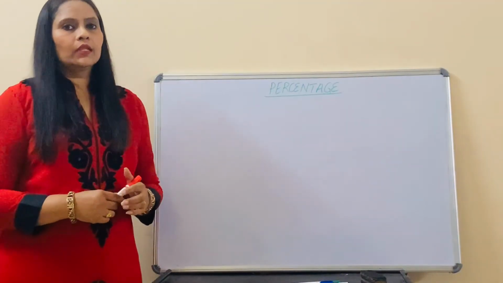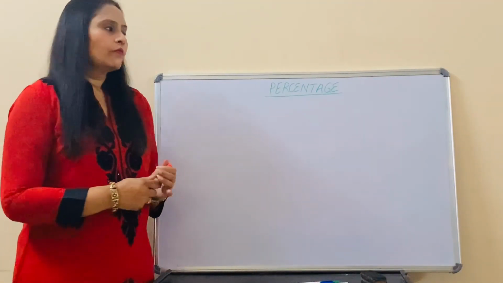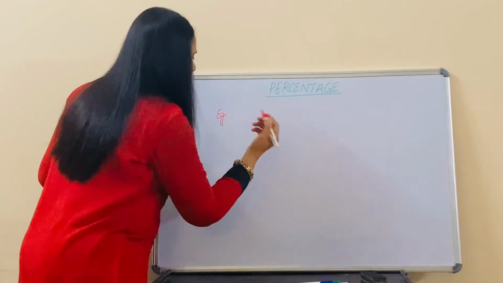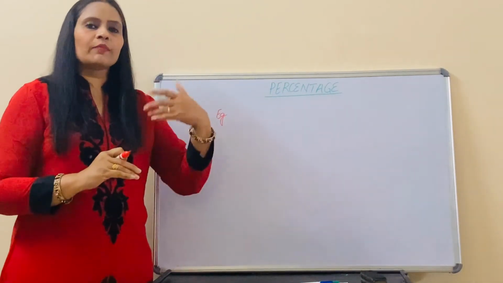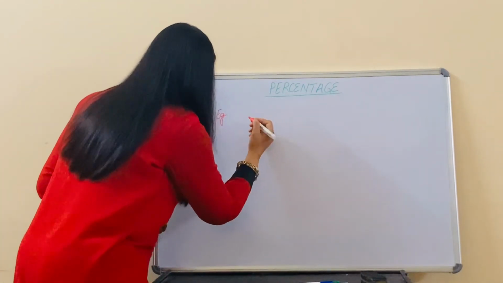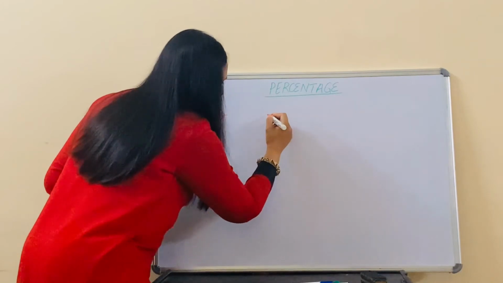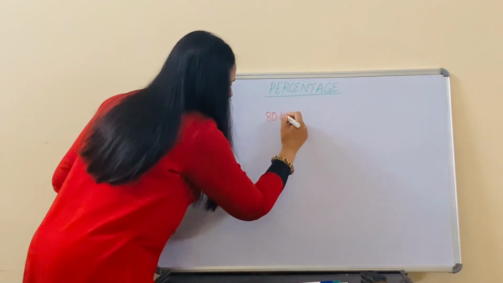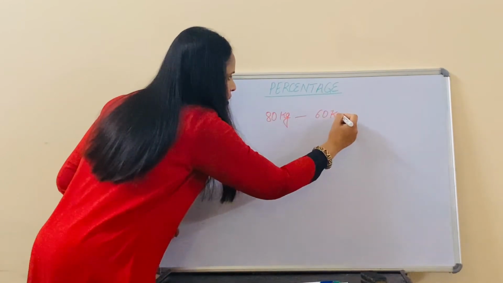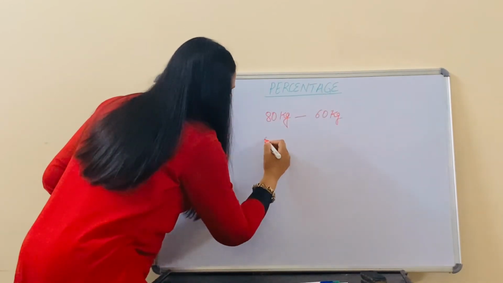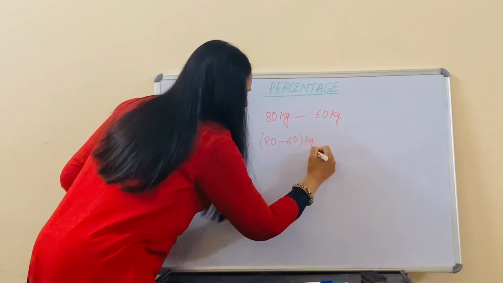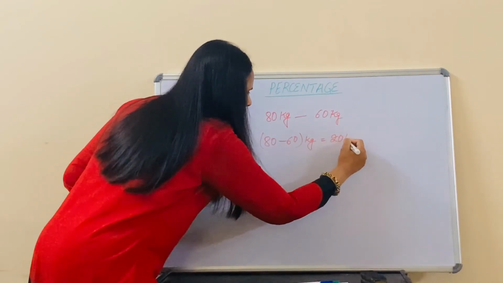First we will calculate the percentage decrease. For example, the weight of a lady decreases from 80 kgs to 60 kgs. What is the percentage decrease in her weight? So the example is weight in kgs, from 80 kg to 60 kg. So there is a decrease in kg. What is the decrease? That is 80 minus 60, which comes out to be 20 kgs.